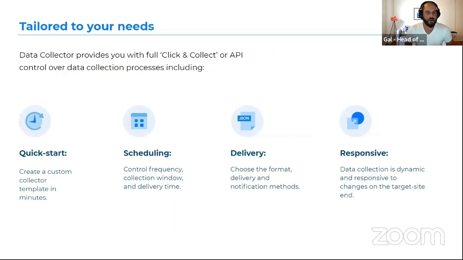And how does it work? What is the process? You have one quick start, one entry point, where you come and build the collector, or even send a request to one of the support members or sales team managers saying you need a specific site, let's say on a daily or weekly basis. And we create this custom collector and template for you. Then you tell us how often you need it.